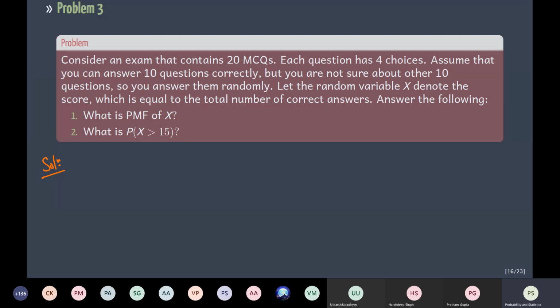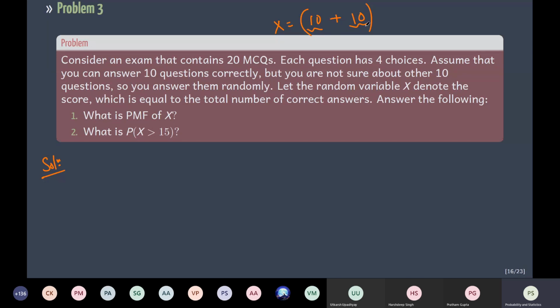So randomness is there in the remaining 10 questions. X is the total number of correct answers, so X will also become random, although 10 questions are sure and 10 are not sure. Overall, the score X is also not sure.